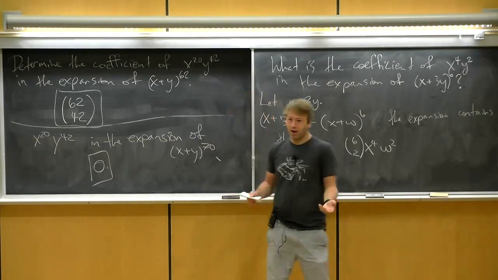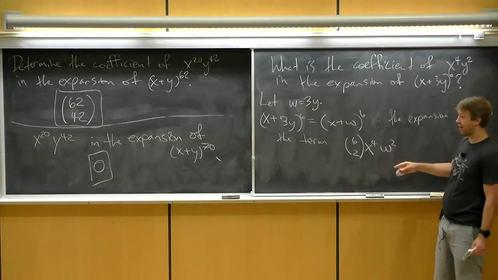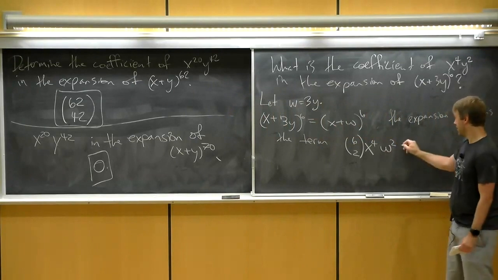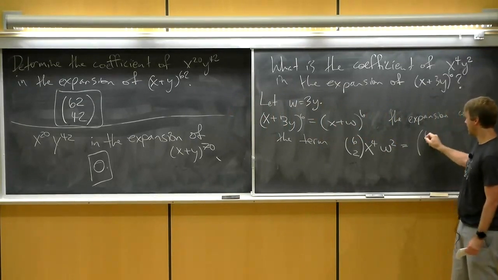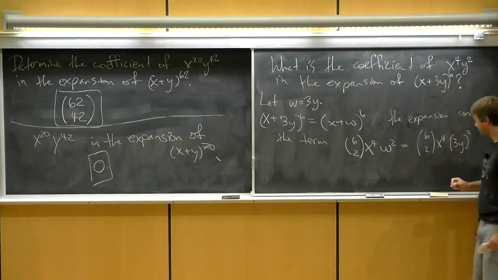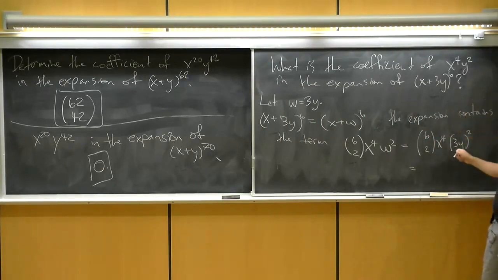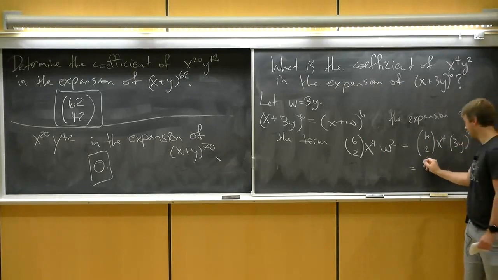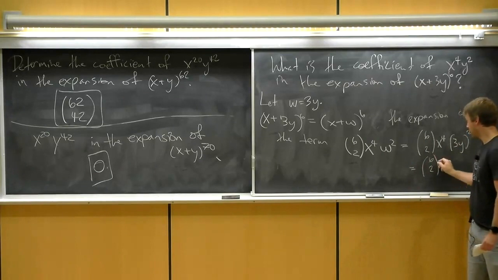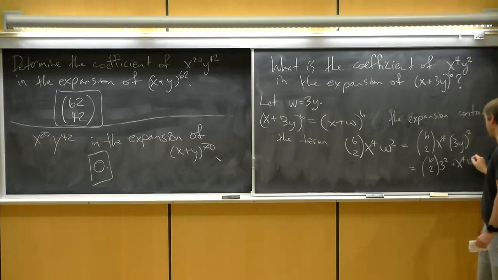And then you can just say, well, I remember that w is equal to 3y. So that's the same as 6 choose 2 x to the 4 times 3y squared, where the square goes inside here. So it's 6 choose 2, 3 squared, x to the 4 y squared.